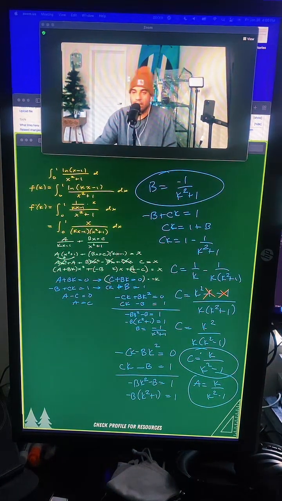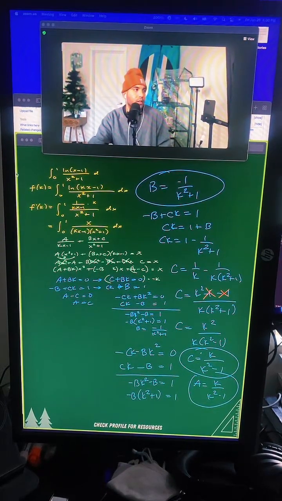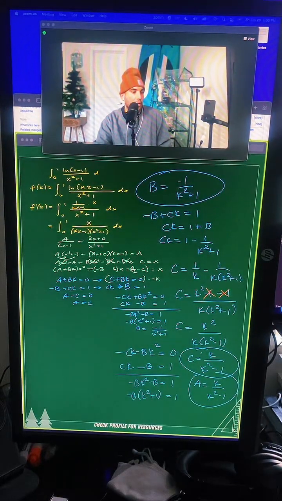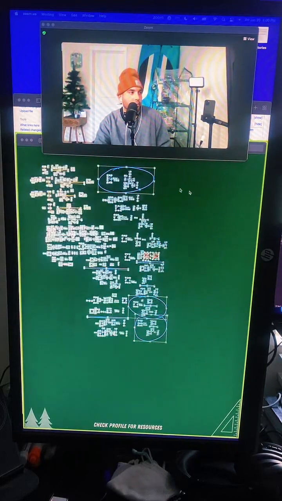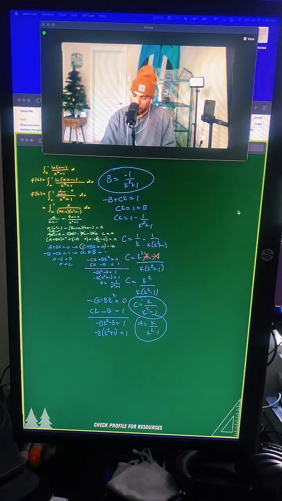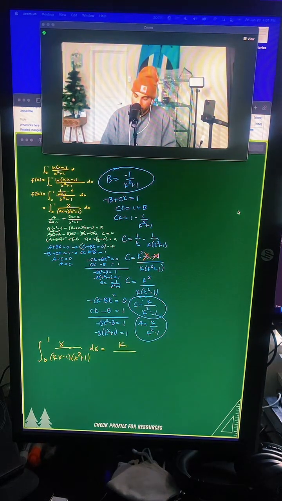Yo, we haven't even finished what this integral is supposed to be. But it looks like now we set it up correctly. So now let me go ahead and make things smaller. And I think now I'm going to be able to write our entire integral. So that now we can do the integral from 0 to 1 of x over kx minus 1 times k squared plus 1 dx is equal to, and then we had said that it is a over kx plus 1. So a is k over k squared minus 1 times kx minus 1.